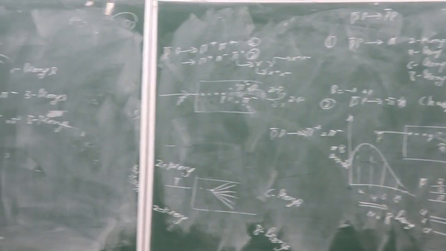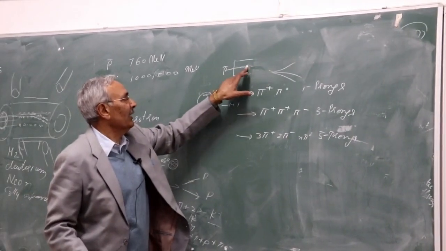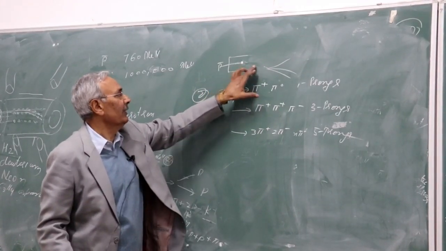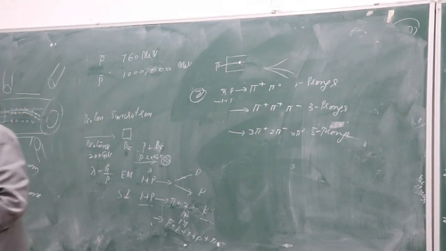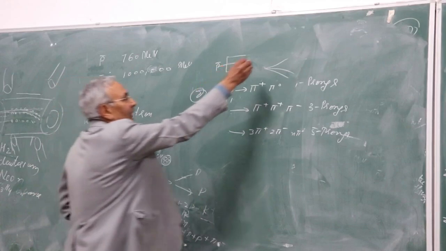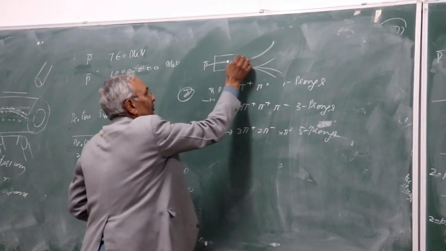In N bar P, you will not get a number of tracks directly at the interaction point. There's a gap between this point and then further down you will find either 1 prong or 3 prong or 5 prong. The 1 prong is difficult because you will see one like this, and it has to point over there.